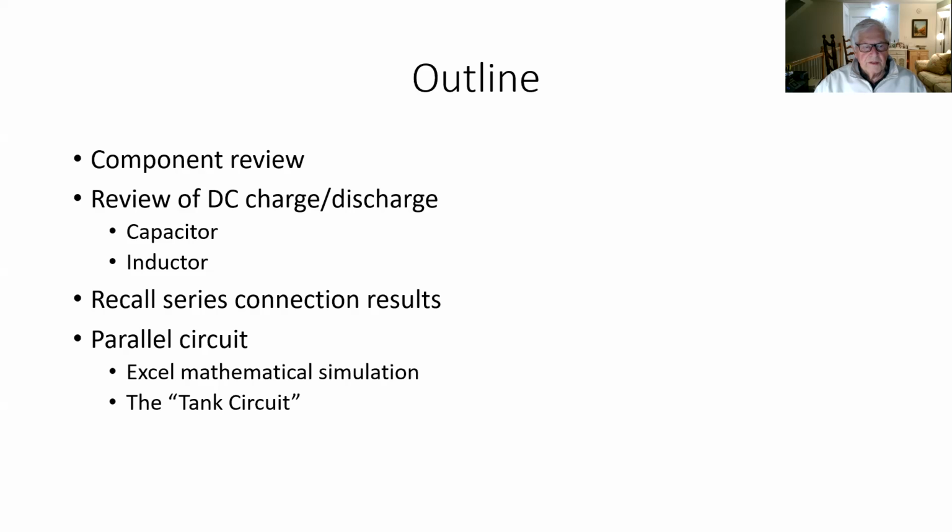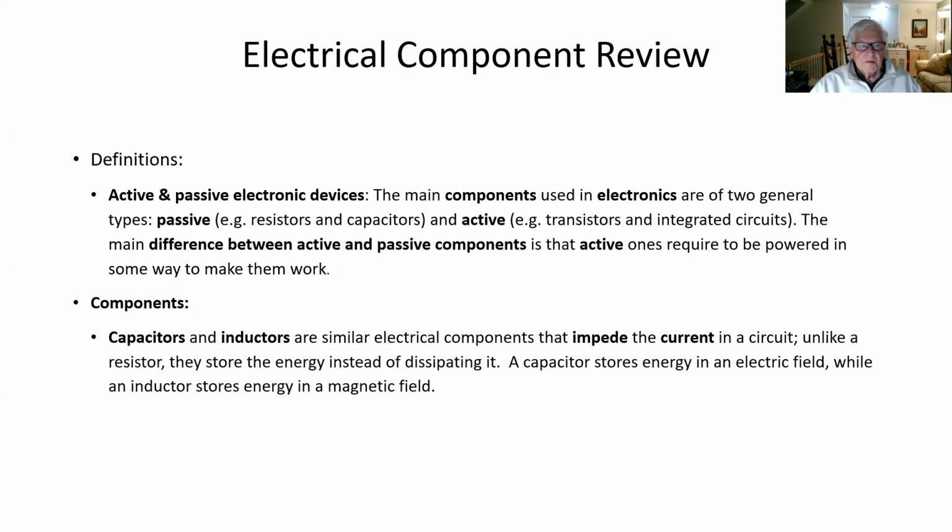What did we get there? And then we'll look at the parallel circuit. We'll use another Excel mathematical simulation, and then at the end we'll discuss the most important feature of resonance, actually the tank circuit. It's commonly called a tank circuit, and we'll describe that.